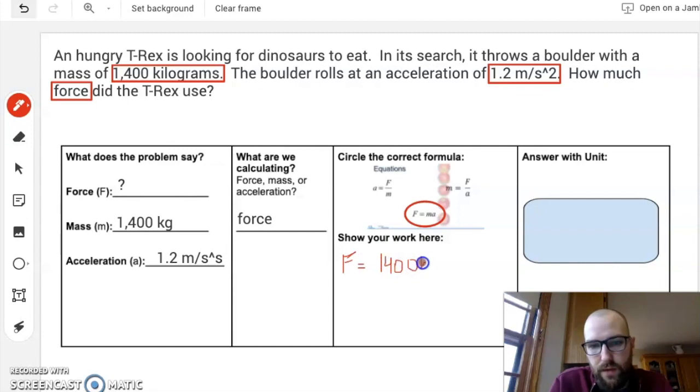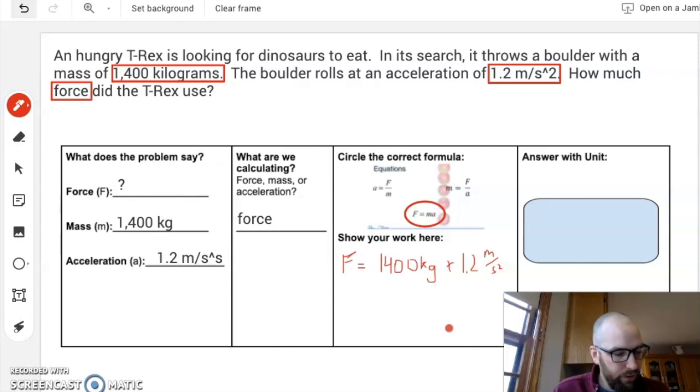I'm just plugging my mass from the problem into the equation, times my acceleration, which from the question was 1.2 meters per second squared.